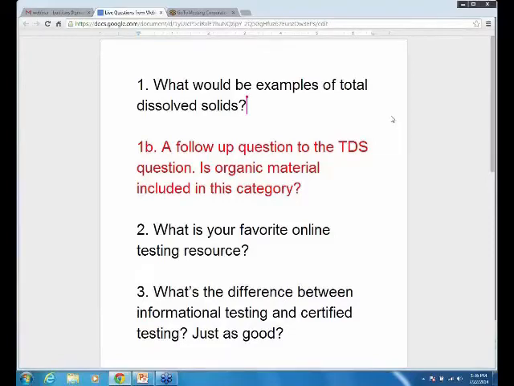Whereas informational testing, well, even the work that we do here is informational testing. A well owner can call the State Water Survey, our Public Service Lab. We'll send them a set of bottles with instructions on how to collect the sample and how to ship it back to us and the time frame that it needs to be. And I mean, there's a lot more to it than just that. But in the end, the well owner collected the sample, not a certified lab person or a geologist or whatever.